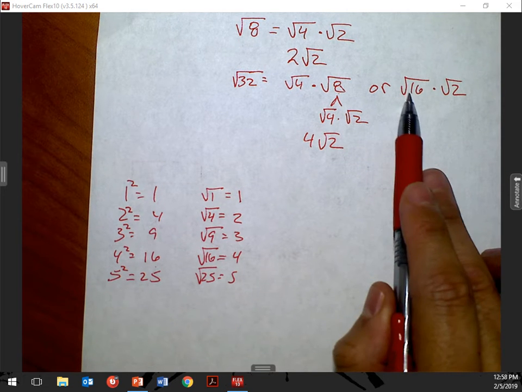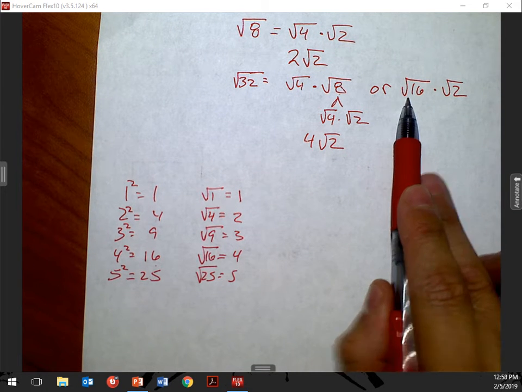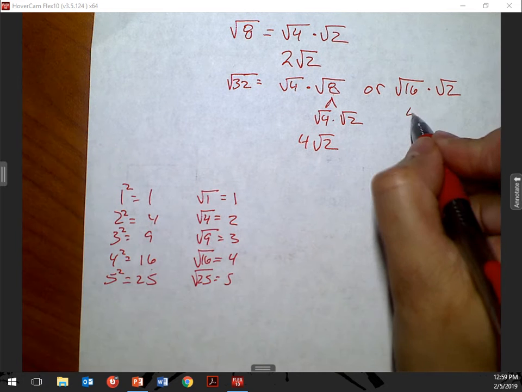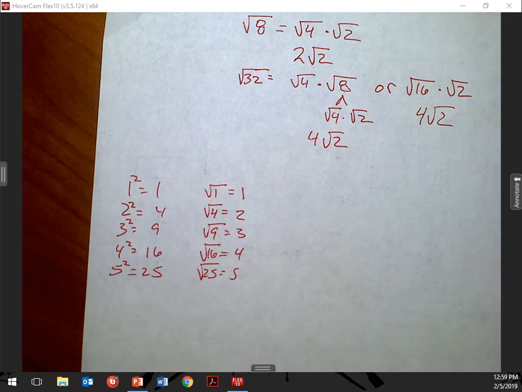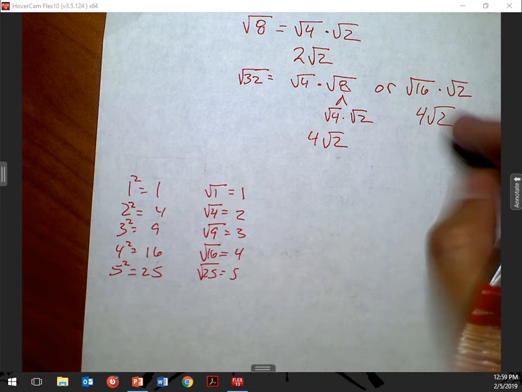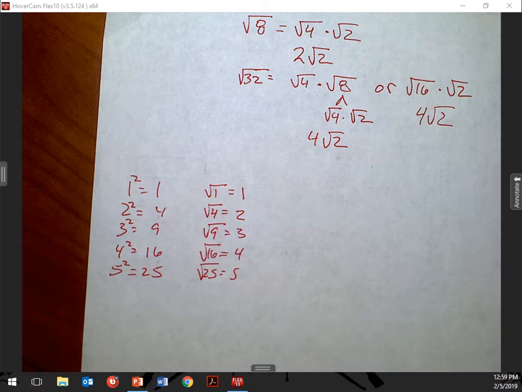So I could have just said the square root of 16, which is 4, times radical 2. Basically you write it in its simplest form. It's just faster. We're just factoring it down to the smallest prime radicals, like a prime number would be 2, 5, 7, 11.